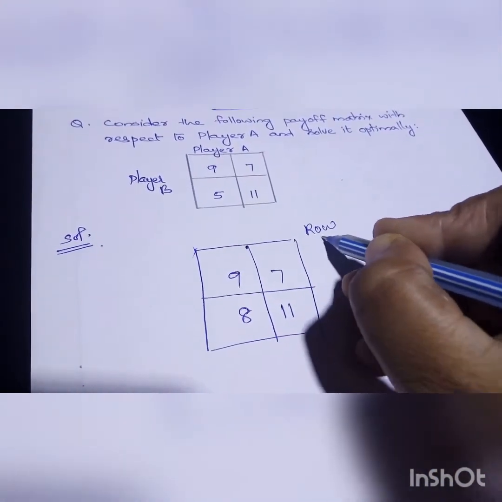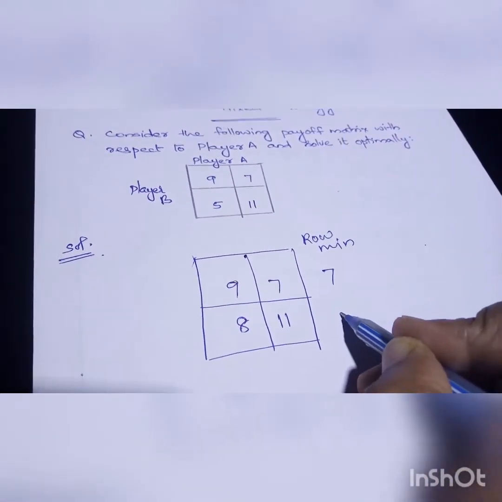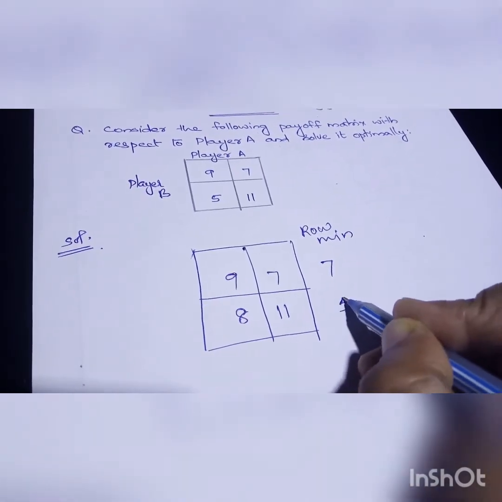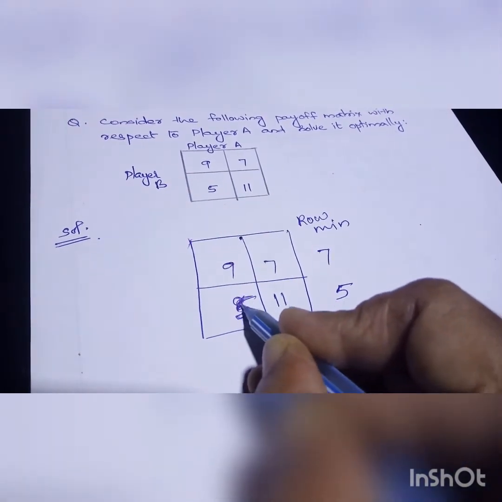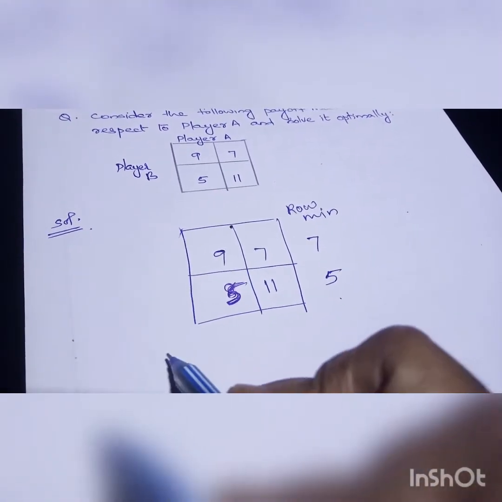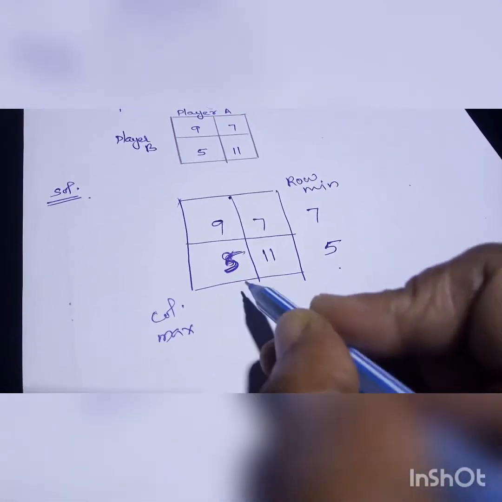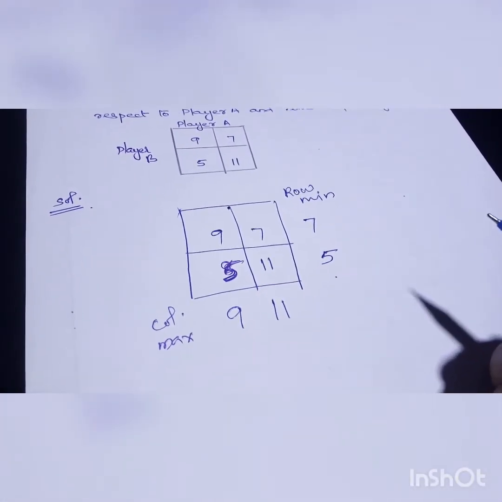So find the row minimum. Row minimum is 7 and here it is 5. Now find the column maximum. For the first column it is 9 and for the second column it is 11.